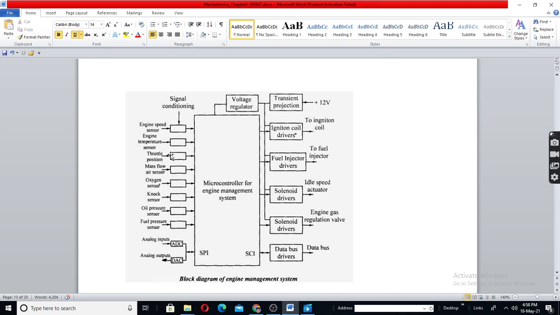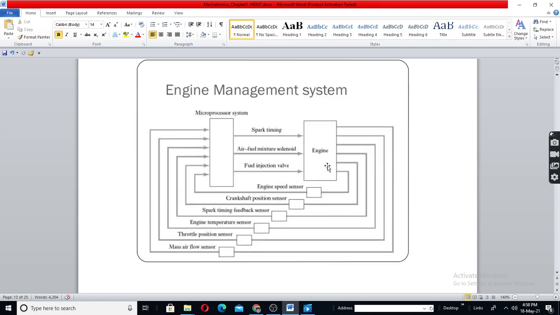So we can say here mainly 5 parts: sensors, input signal conditioning, controller, output signal conditioning, and actuators. Engine is not shown here. This will go to engine parts. You can write even this figure also. This is the engine, and from the engine we will get feedback signals.